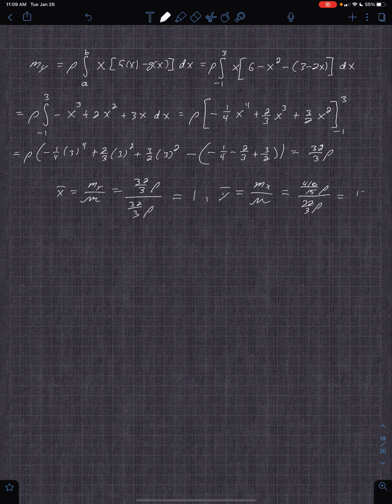Ends up being 13/5, which is approximately, well, it actually is 2.6. So your centroid is (1, 13/5), or 1 and 2.6.